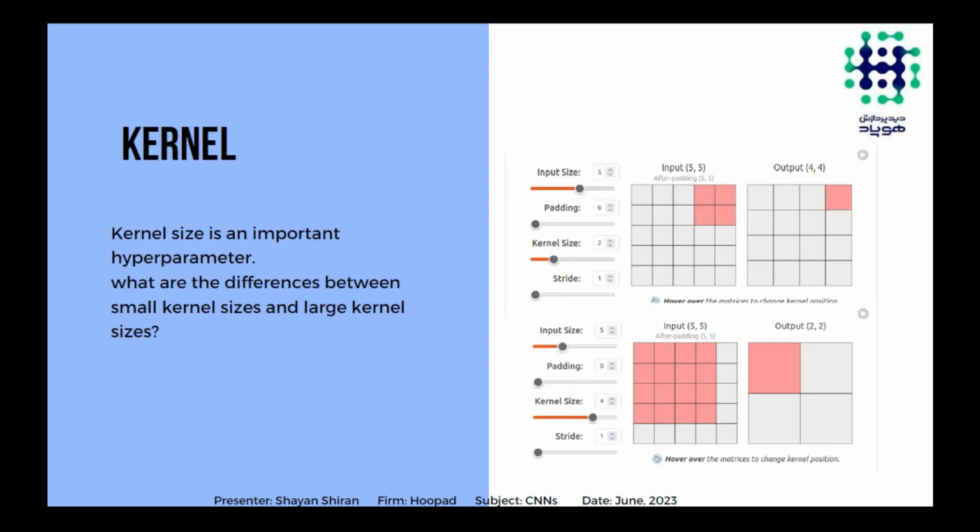Kernel size is an important hyperparameter. Usually there is a difference between small kernel sizes and large kernel sizes. They say that small kernel sizes extract much more information, but the larger ones extract less information.